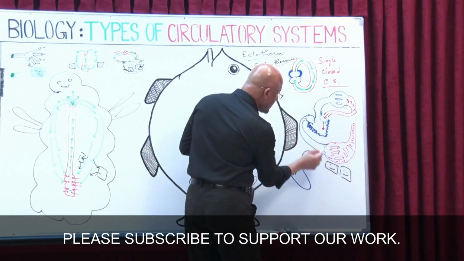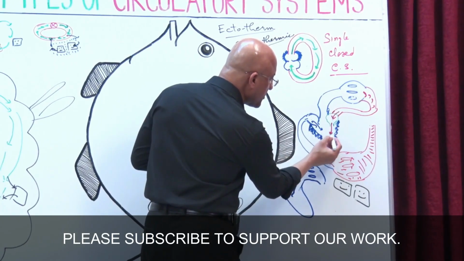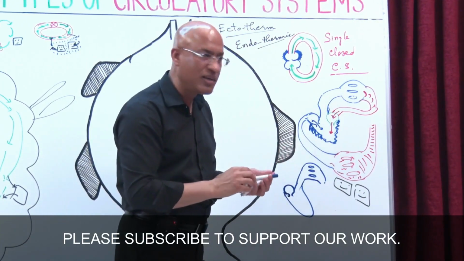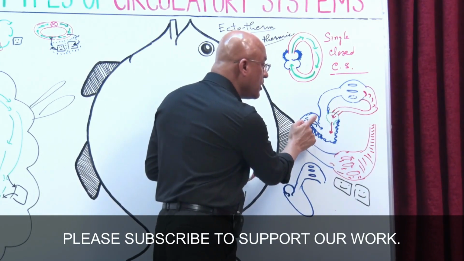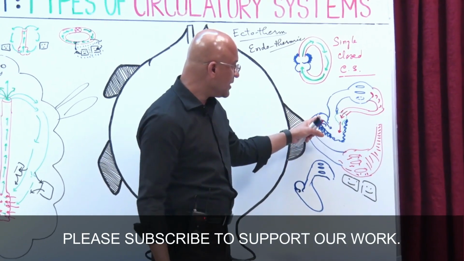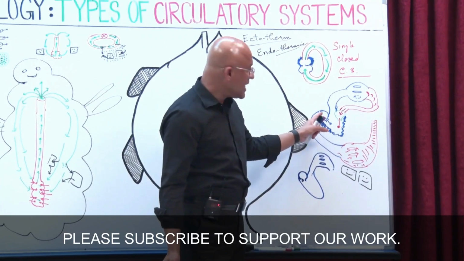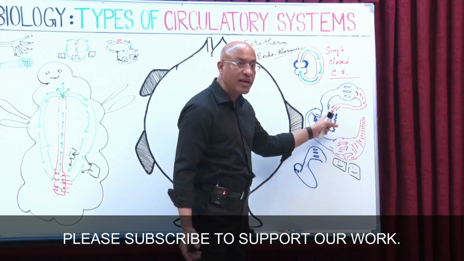Now here the blood was coming which was deoxygenated. Here the blood is coming which is oxygenated, right? Deoxygenated blood has its own welcome room, the right atrium. And oxygenated blood has its own welcome room, that is the other atrium.